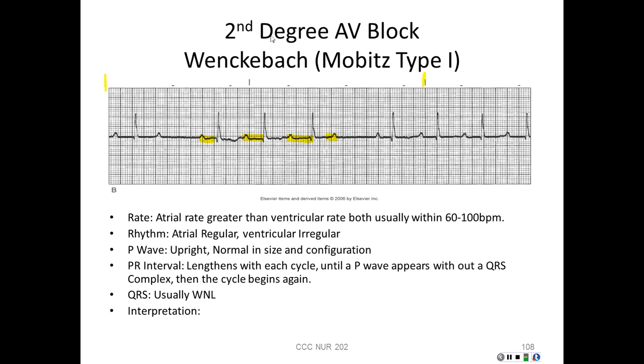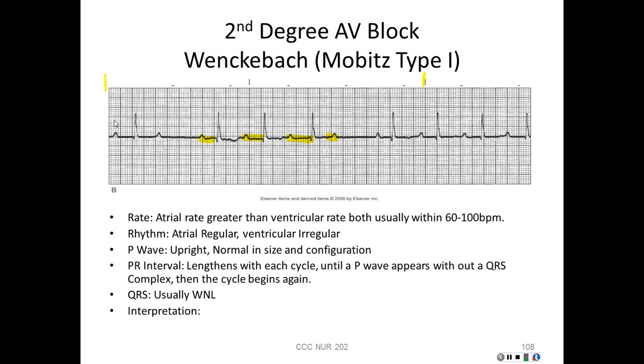When you look at Wenckebach, Mobitz type 1, your PR interval goes from shorter to longer to longer till you finally drop a beat. Now, it's not necessarily 3 beats. It may be 4, it may be 5, it may be 2. But the hallmark is an irregular ventricular rhythm.